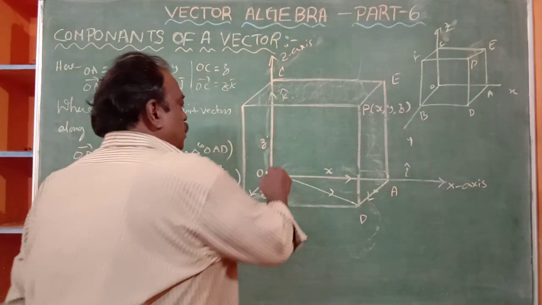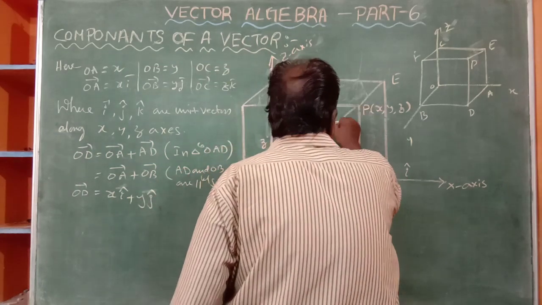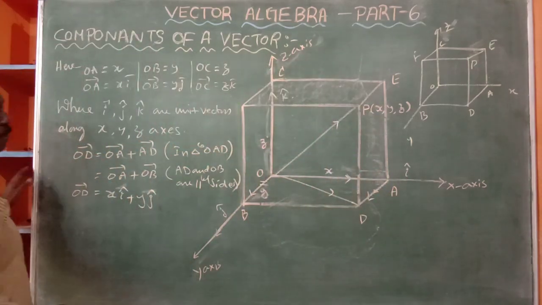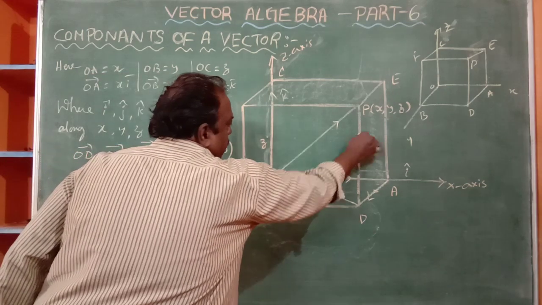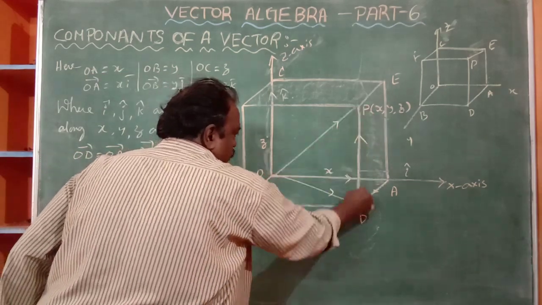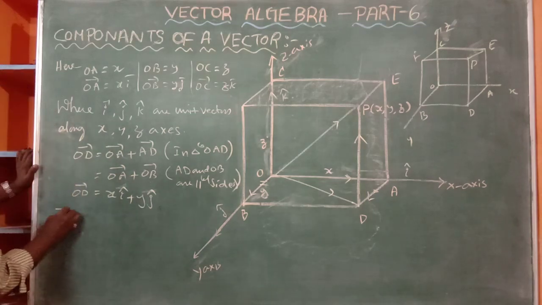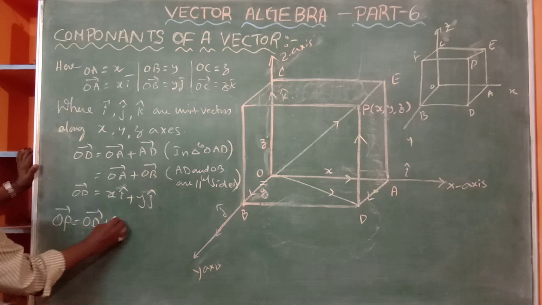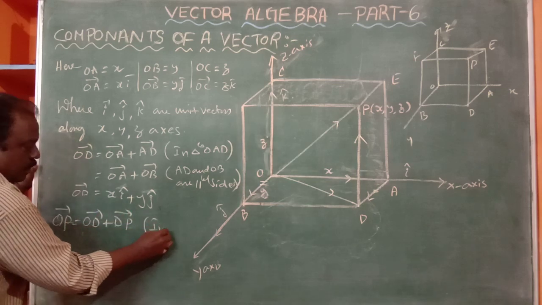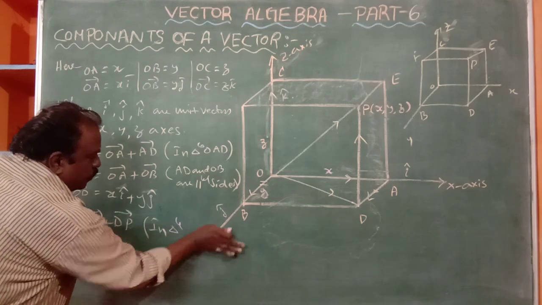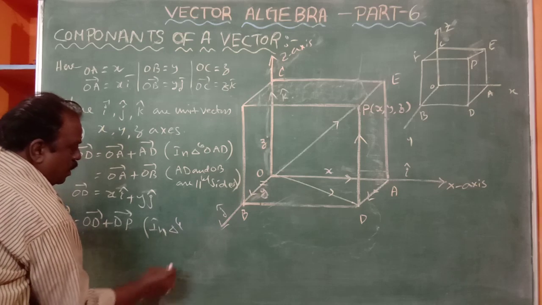Now OP bar. You see, what is OP bar? OP bar is equal to OD bar plus DP bar. It is in a triangle.